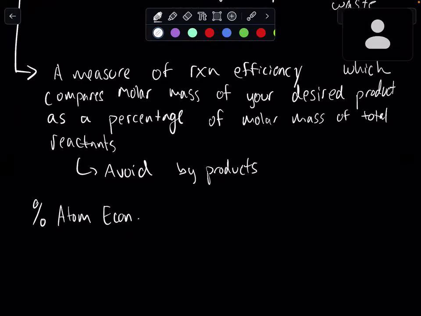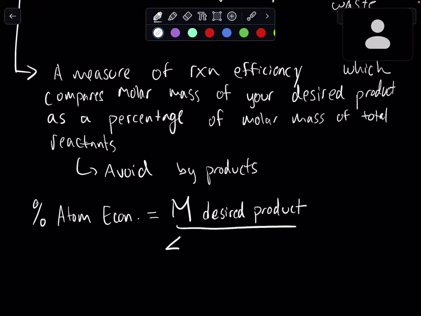That's going to be the molar mass of your desired product divided by the sum of the molar mass of each reactant. And we're going to multiply that by 100 to get a percentage.